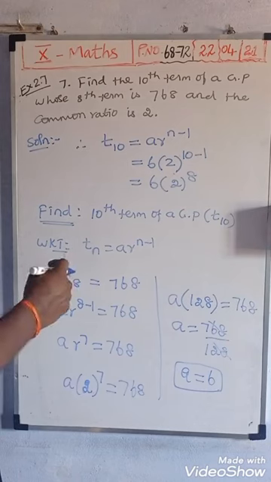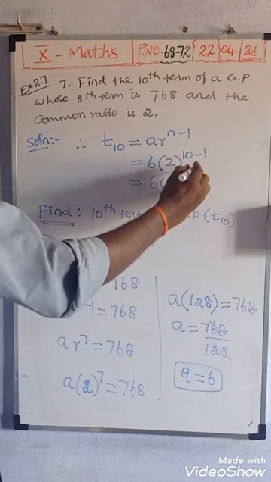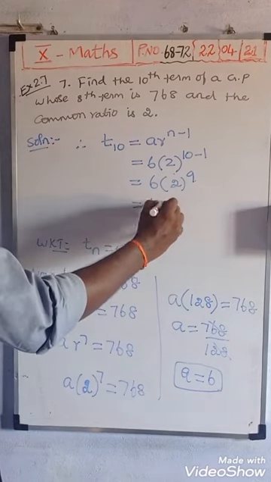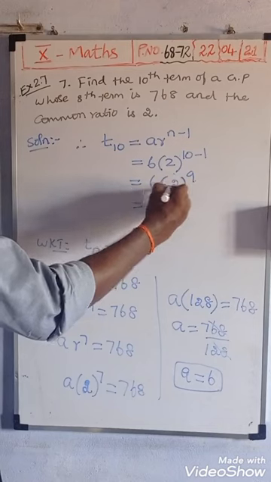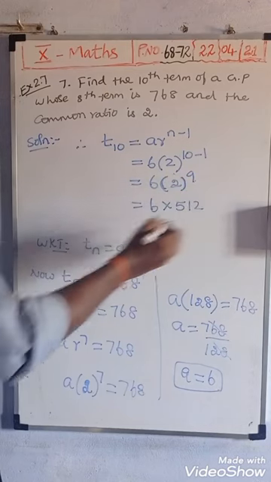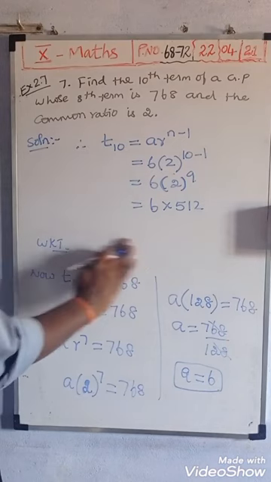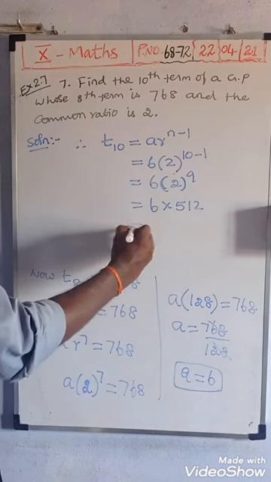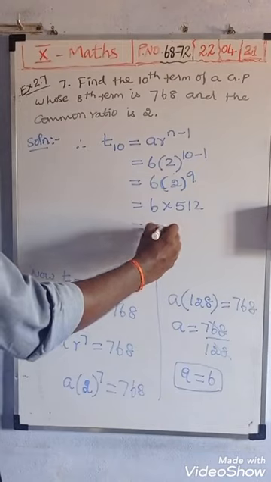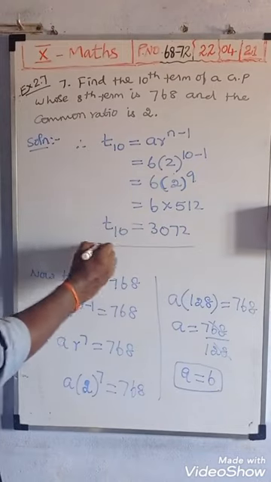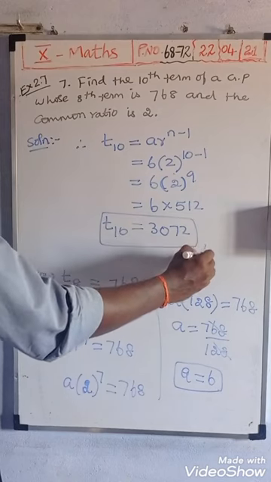So 6 into 2 power 9. 2 nine times multiplied means 512. So the answer we will receive is 3072. So this is the T10 term. The 10th term of the GP is 3072.